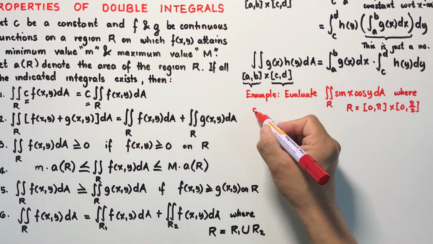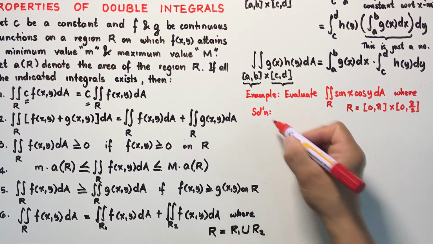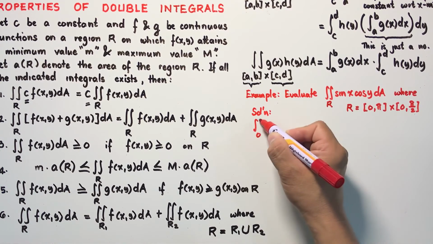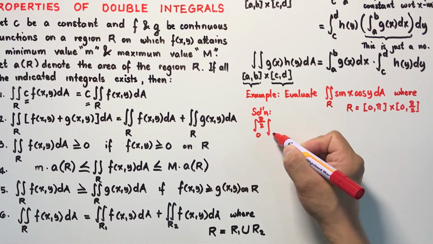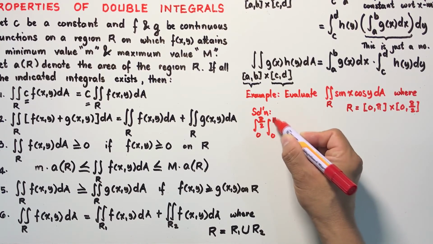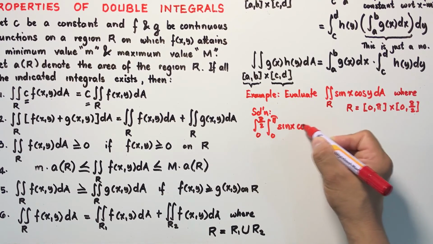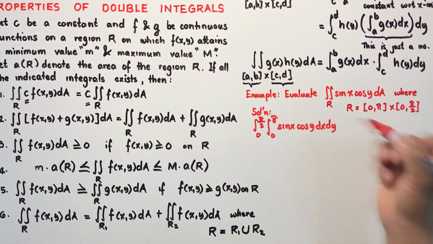So solving this one first as a whole, we have the double integral from 0 to pi over 2 of the integral from 0 to pi of our sine x cosine y dx dy.